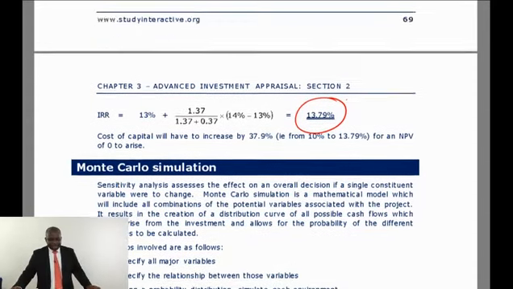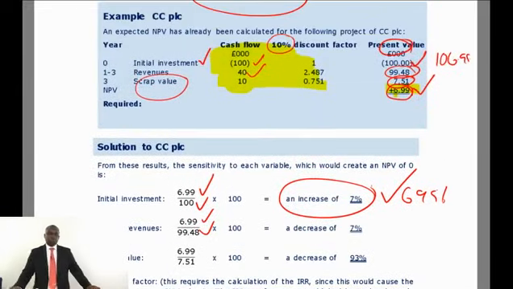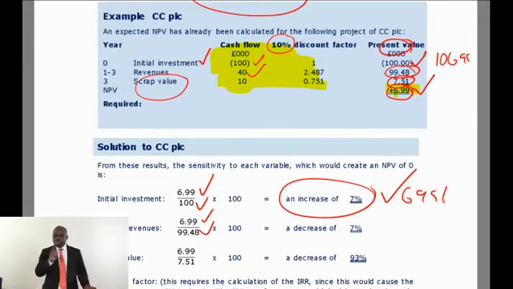When I am varying selling price, for instance, I change only the selling price as the variable.